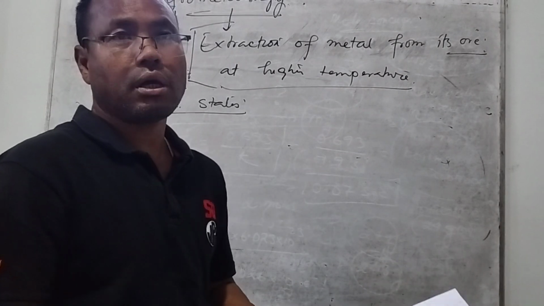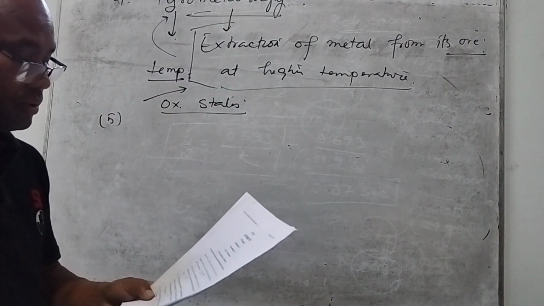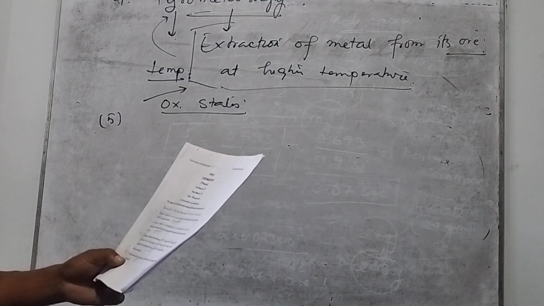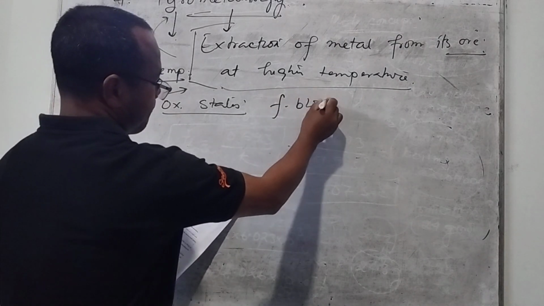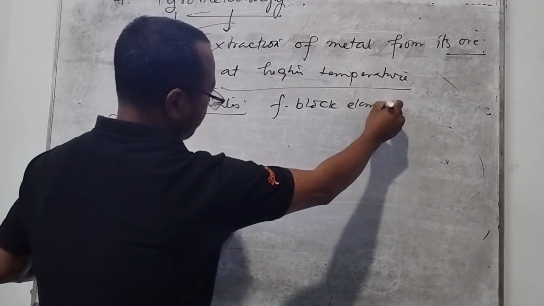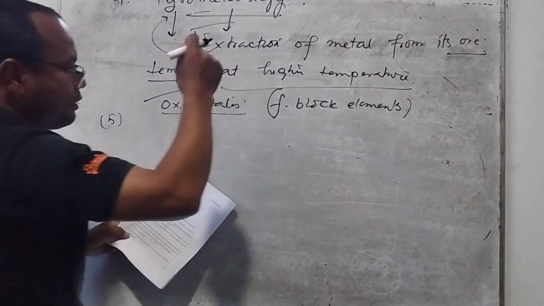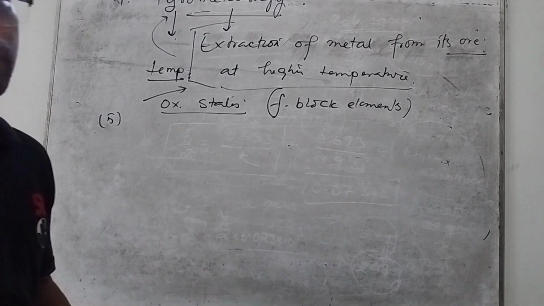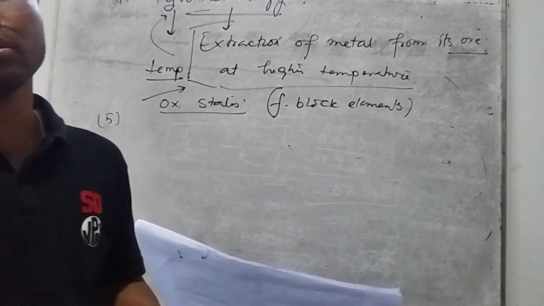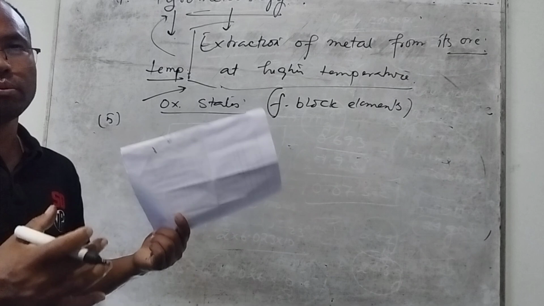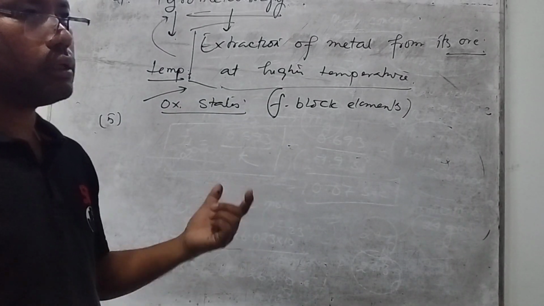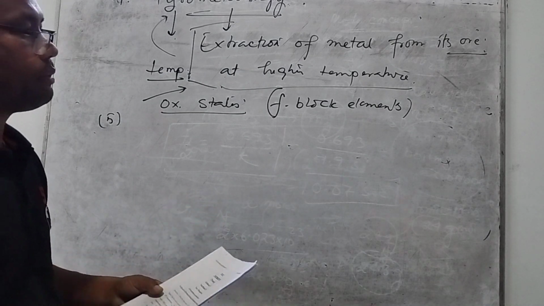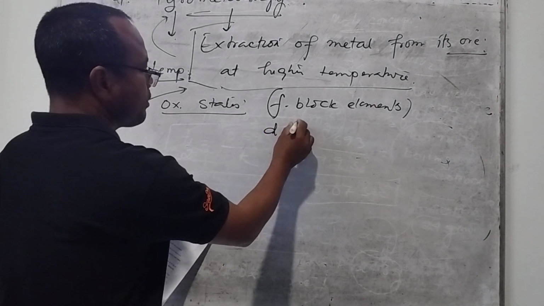See, when we study the D block elements, actinoids and lanthanoids are F block elements. When we study the D block elements, they show variable oxidation states, meaning so many oxidation states. Why? I hope you remember the D block elements.